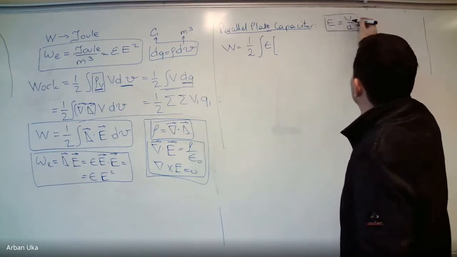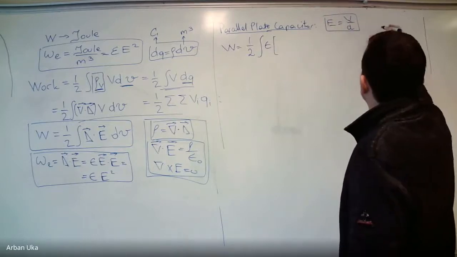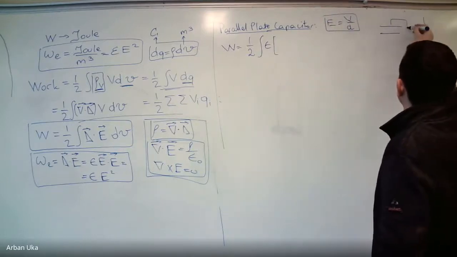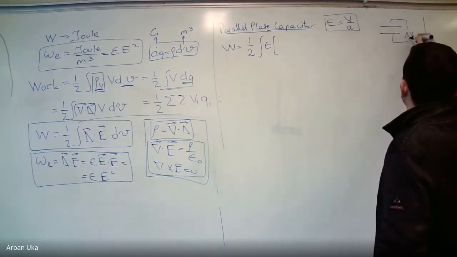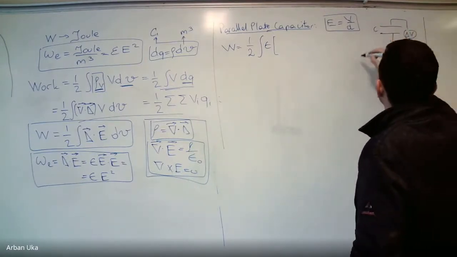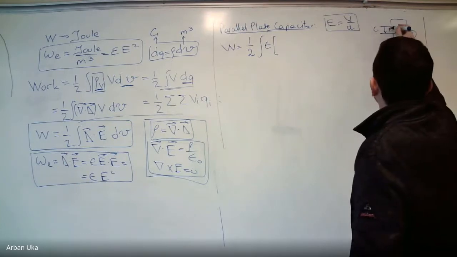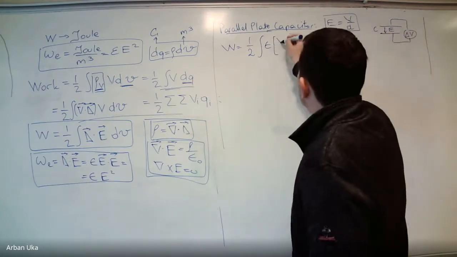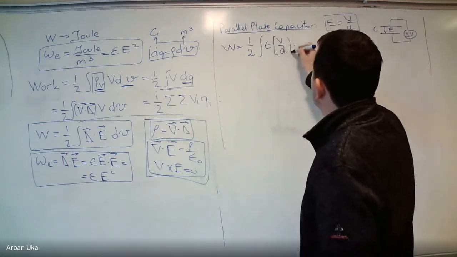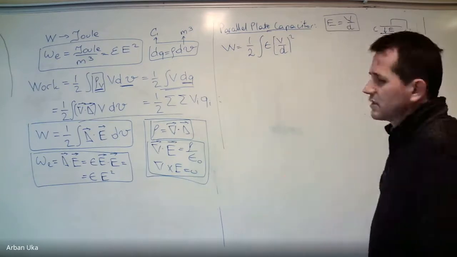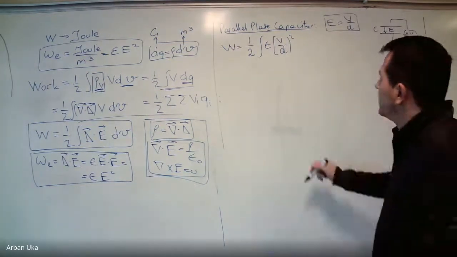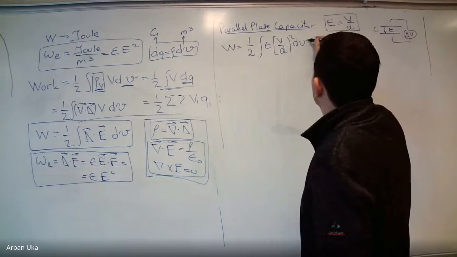Okay? The potential difference between the plates, where this is the capacitor, this would be the delta voltage, and this is the electric field here. We have this expression, this is V over d all squared. So this is the energy density integrating over the volume.